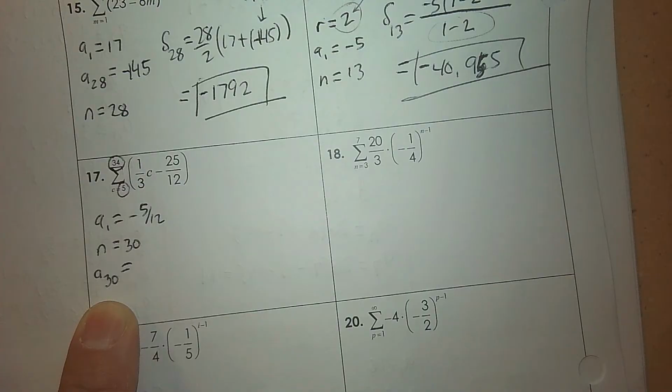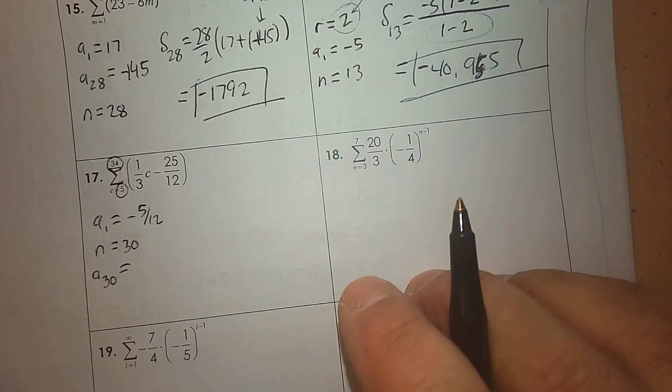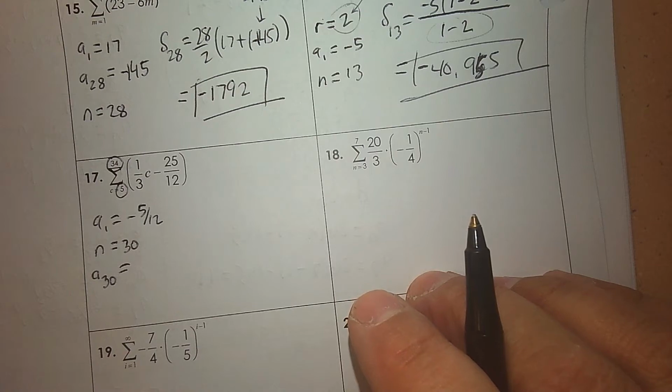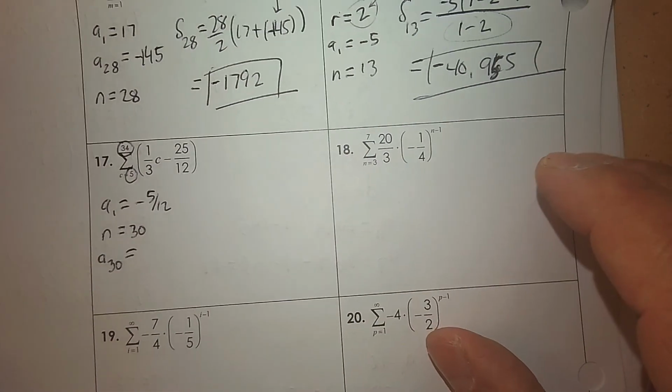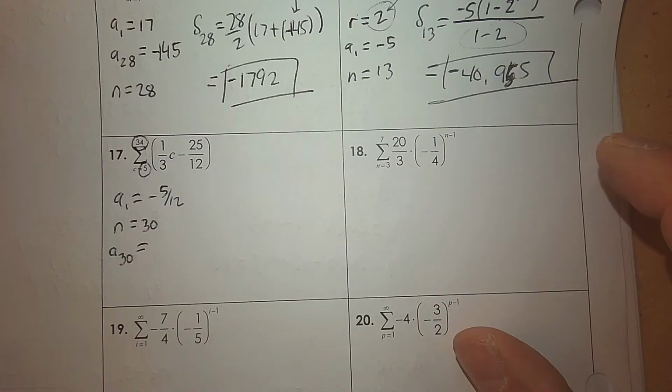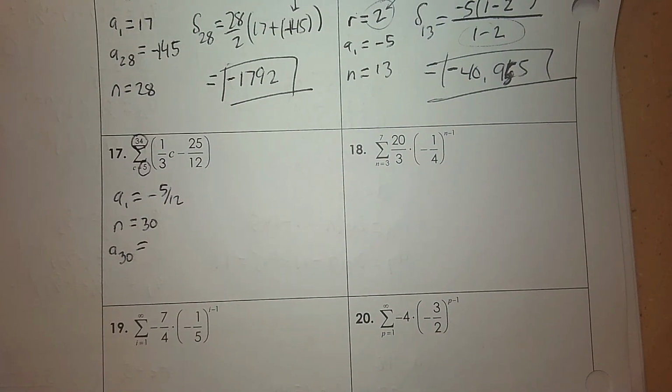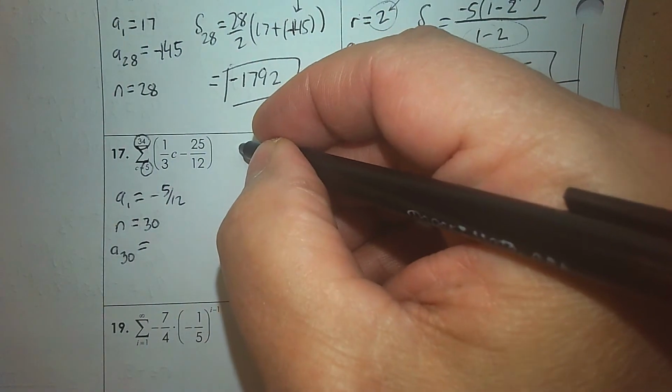1/3 times 34. Take away 25 over 12. Tell me. Did you get an answer? To type it in? So 1/3 times 30.